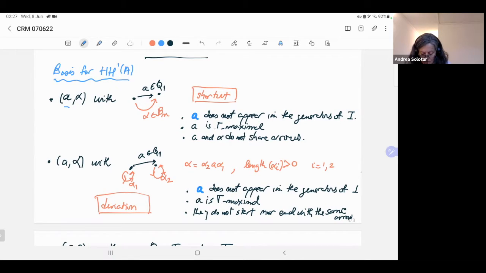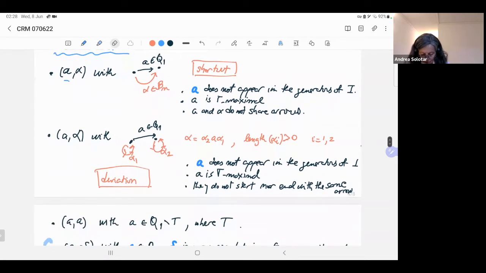A is gamma maximal, gamma meaning with respect to relations. So if, for example, there is an arrow going out here, then you're never going to have a relation between 2 arrows. And the same for arrows arriving at the source of A. And A and alpha do not share arrows, meaning that A is not appearing in alpha.